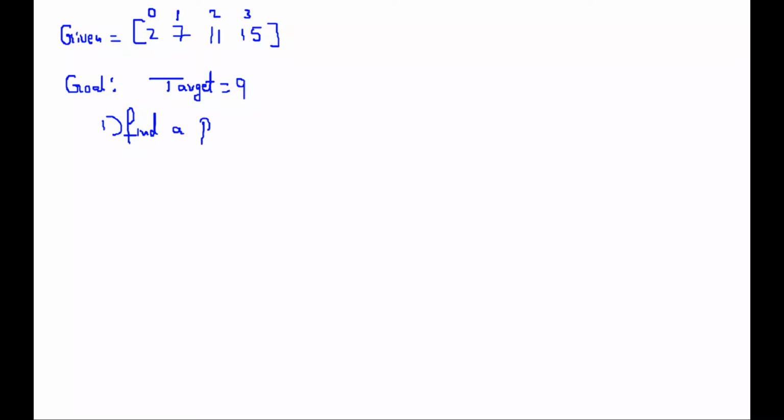Find a pair from the array with sum equal to target. That is the first one. What is the next one?